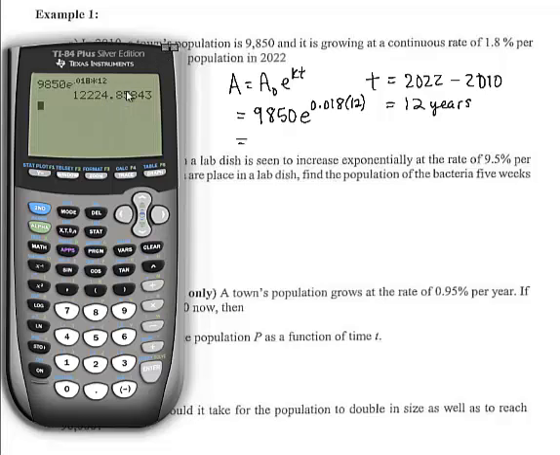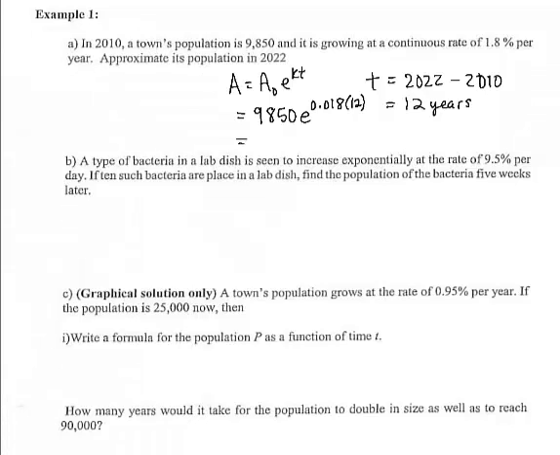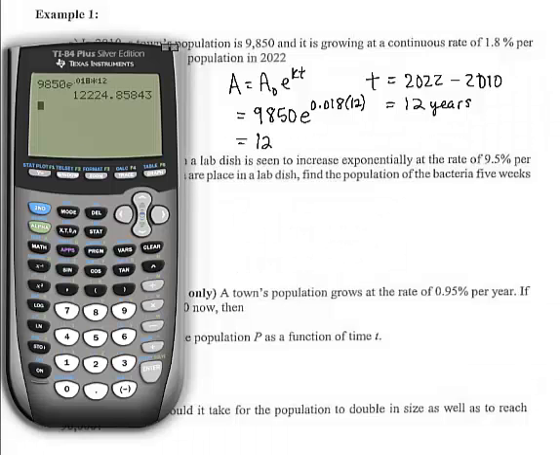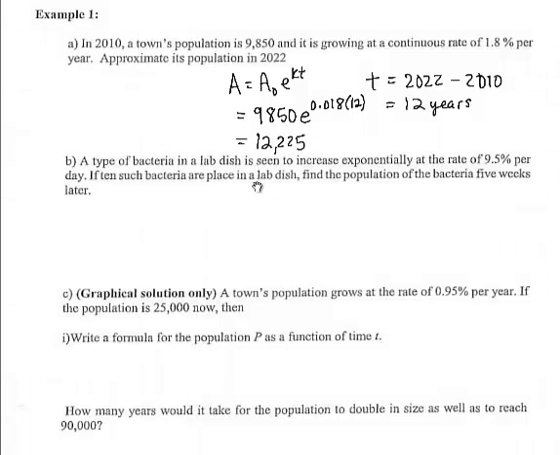We don't want 1/8 of a person. Oh, what was that number? 225. And that's all there is to it.